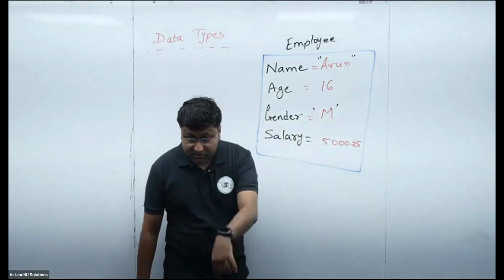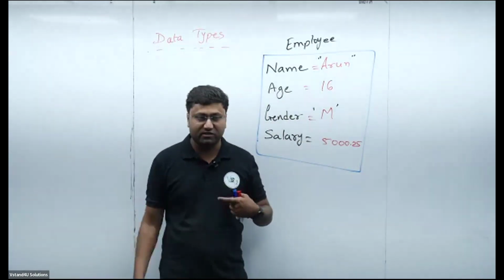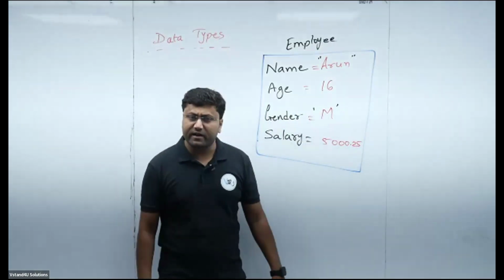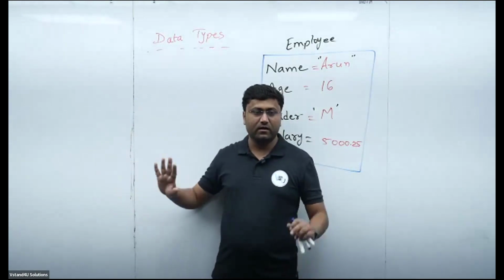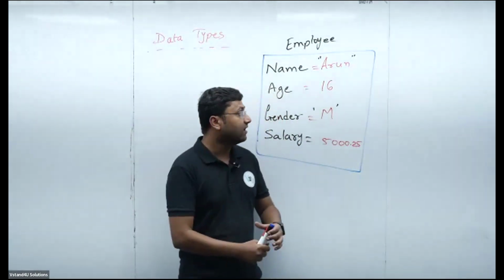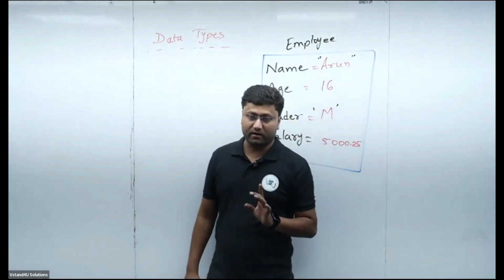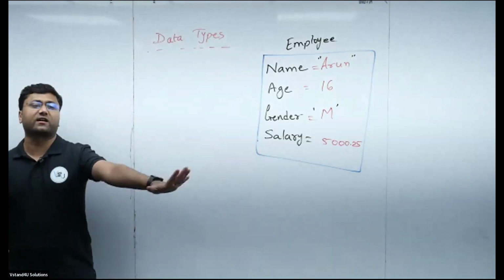I repeat, now itself I'm telling you, until the end of this lecture and many upcoming sessions depend on these two things. Default data type means if you don't specify the data type of a particular thing which is a number and does not have a decimal part, any number in Java which does not have a decimal is by default considered to be an integer.